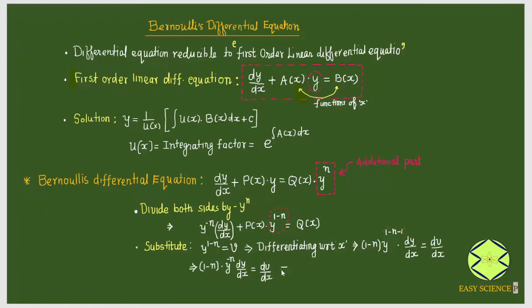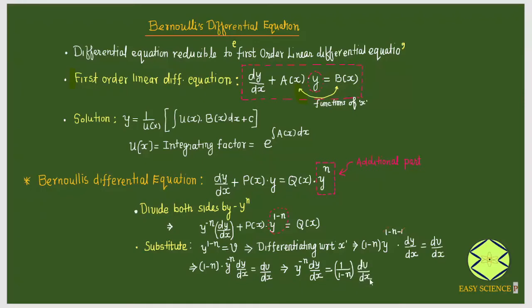This can be further simplified as y raised to minus n dy over dx equals 1 divided by 1 minus n times dv over dx.